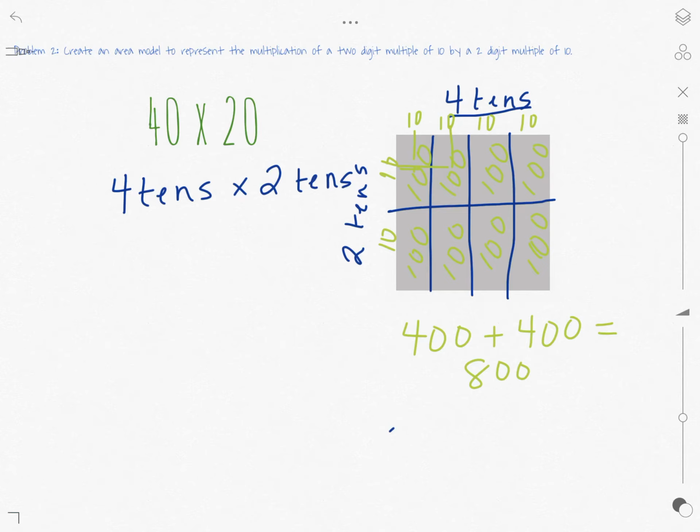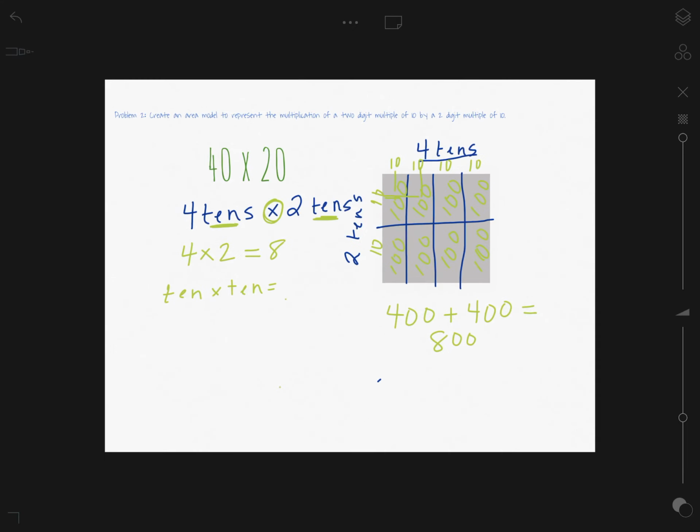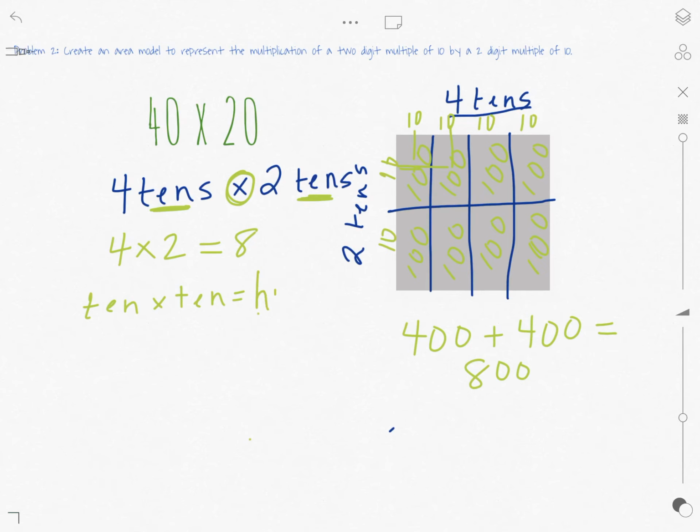Now, the other way to think about this is, if I have 4 times 2, because remember I'm multiplying here, 4 times 2 gives me 8, and I take a 10 times a 10, which equals, well, we just showed this in our chart, 100.